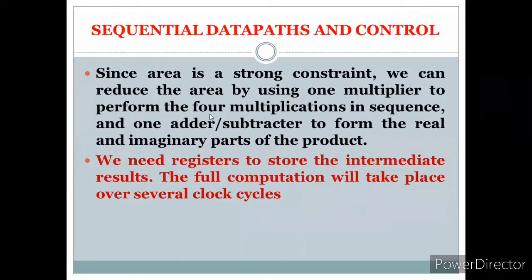Now let us see. Since area is a strong constraint in our design, we can reduce the area by using one multiplier to perform the 4 multiplications in sequence, and one adder and subtractor to compute the real and imaginary parts of the product. So we need registers to store the intermediate results.